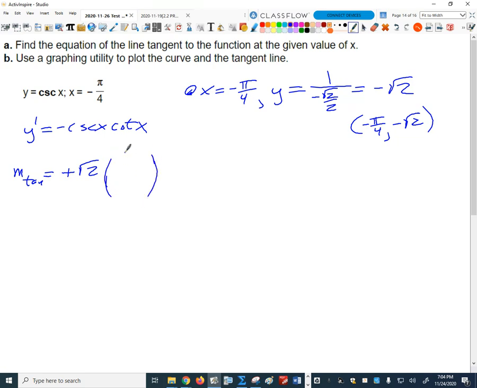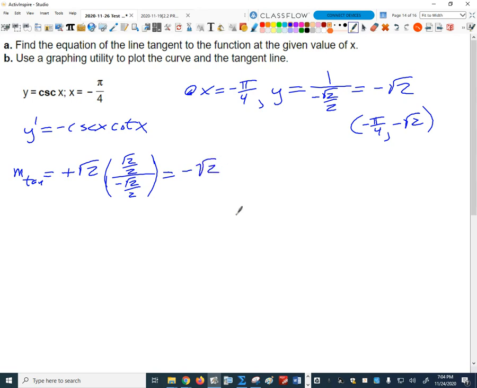The cosine of negative pi fourths is positive radical 2 over 2, and sine of negative pi fourths is negative radical 2 over 2. So that whole thing is negative 1, times radical 2 is negative radical 2.